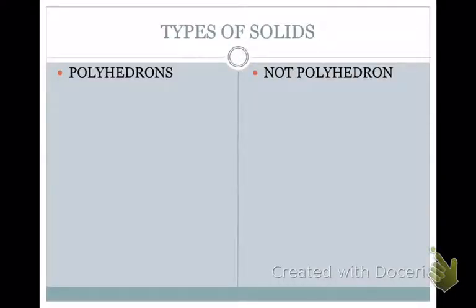Polyhedrons. Some of the solids we're going to talk about are going to be polyhedrons. Some of them are not. And we just talked about it. It's a polyhedron if all of the faces are polygons. So, for example, this guy is a polyhedron. Now, I know you've had a lot of this before. Do you remember what we call this guy? Yeah, this guy's a prism, right? A prism is bounded everywhere by a polygon.